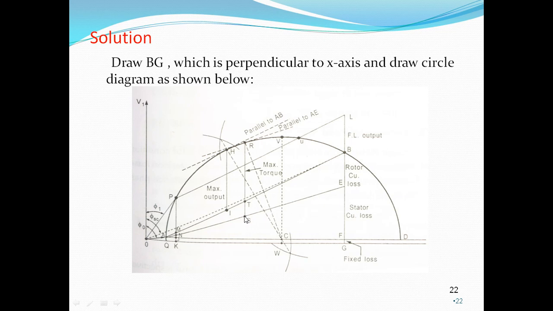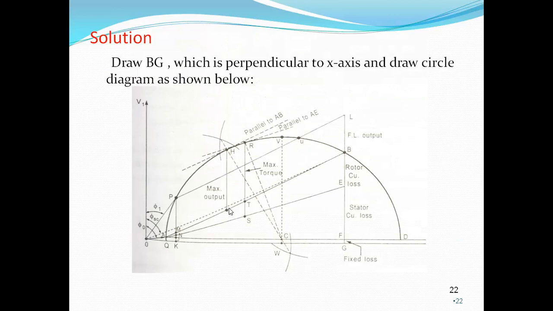Now you draw a line which is parallel to this torque line AE and tangent to the circle, that is point R. Join this RS, which touches at a point T. So RS gives the maximum torque, HI gives the maximum output.